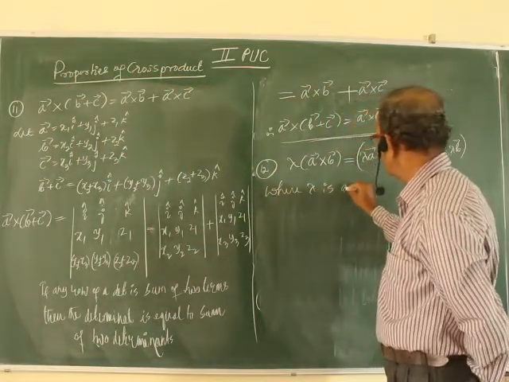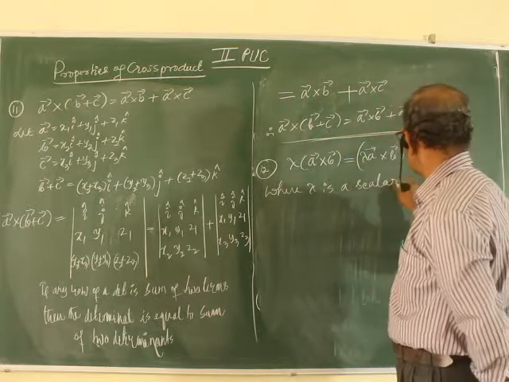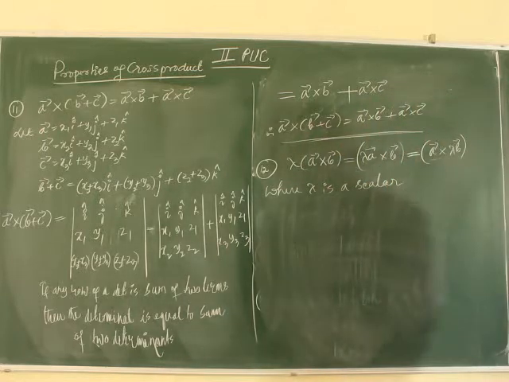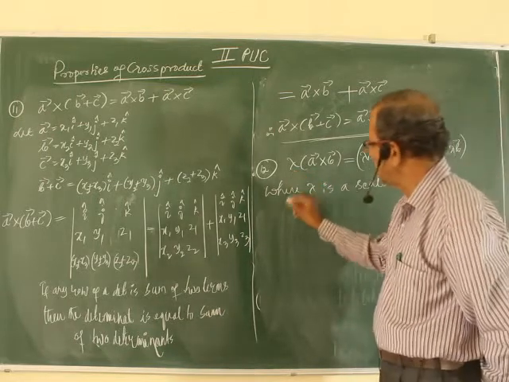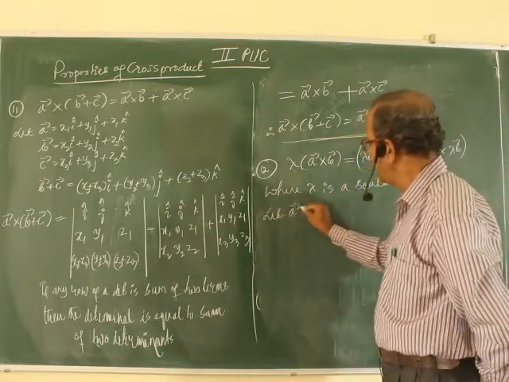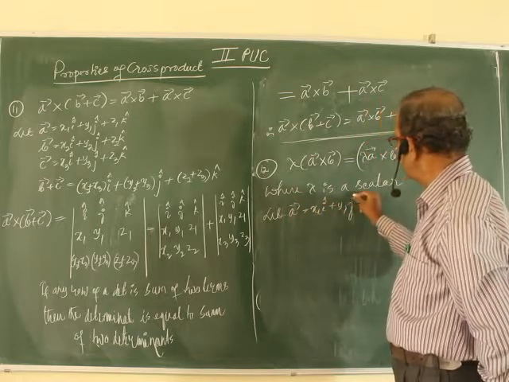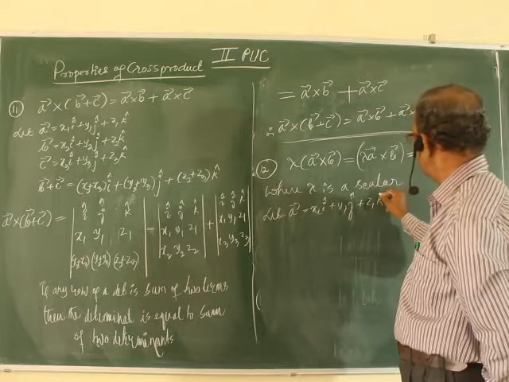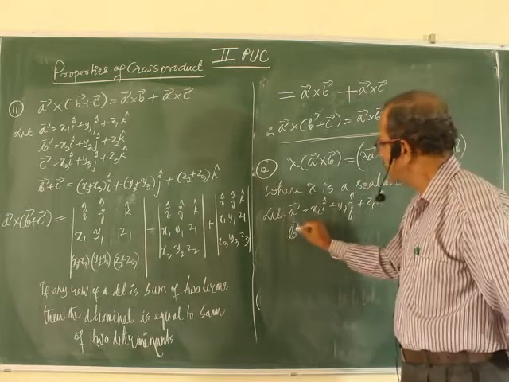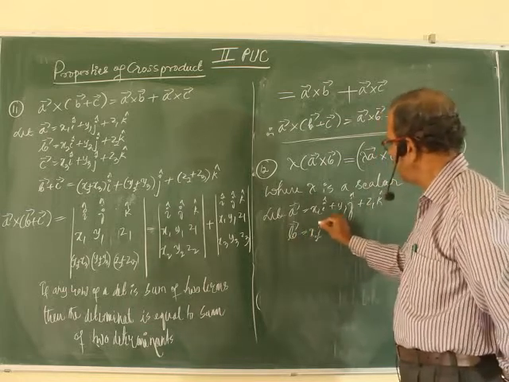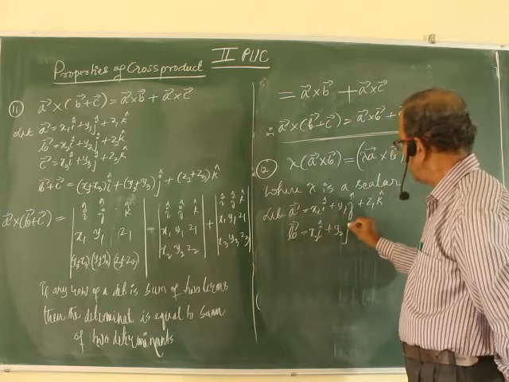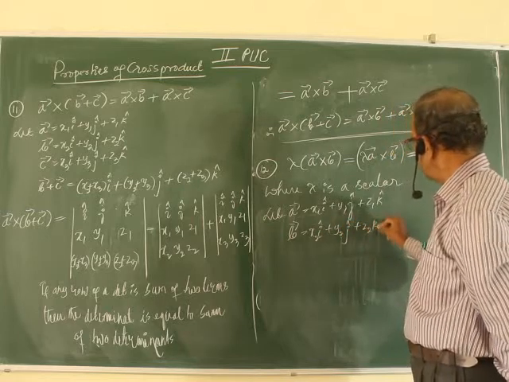Where lambda is a scalar or a number. Now, A cross B: let A equal to x1 i, y1 j, z1 k, and B equal to x2 i, y2 j, z2 k.